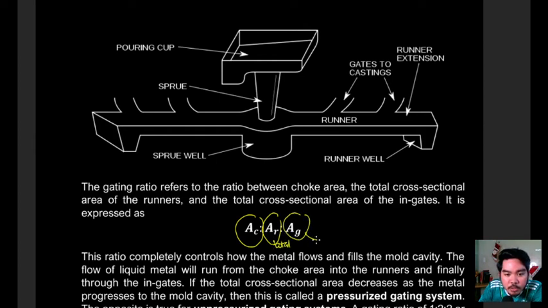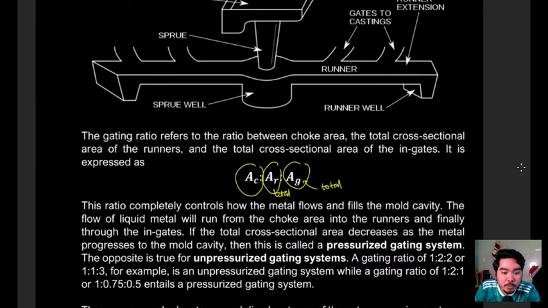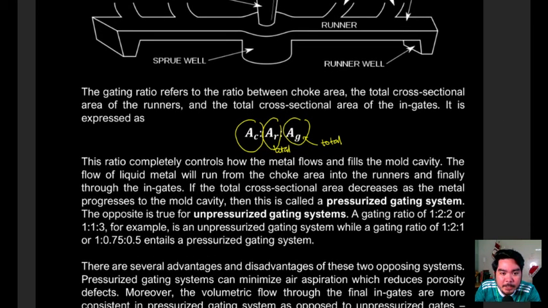And the total area of the in-gates as well. Okay? So the gating ratio actually has a big impact on how you intend to deliver your metal, no? So I've already mentioned this a while ago, and from here we can actually note if a system is a pressurized gating system or if it's an unpressurized gating system.